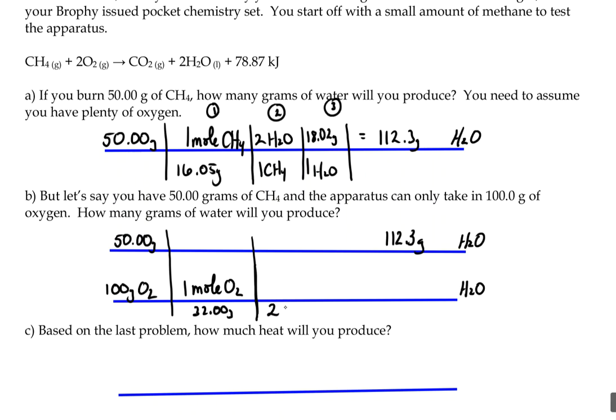So I'm going to put 2 O2 and 2 H2O. Now, yeah, you could put 1 to 1, but I'm always going to use the actual numbers from the balanced equation. And then the last step is always the same. And this one, I'm looking for water, and what I'll get in this case is 56.31.